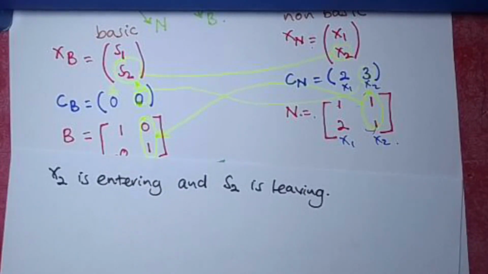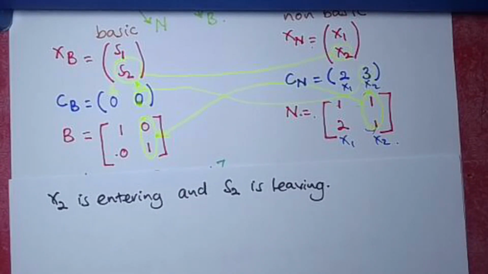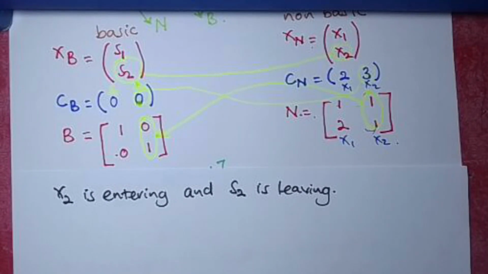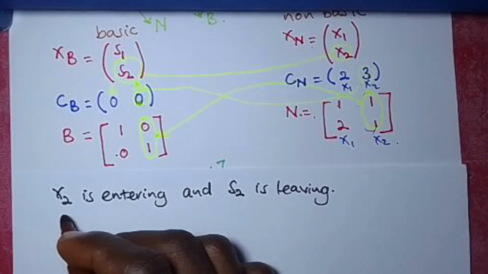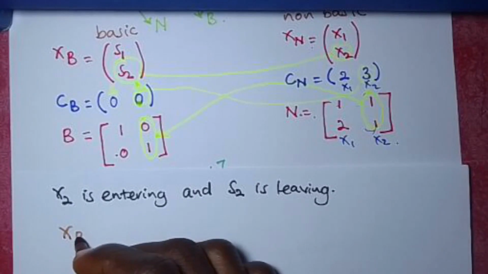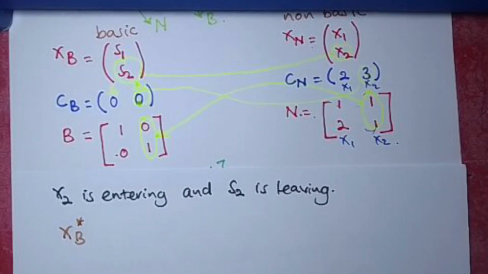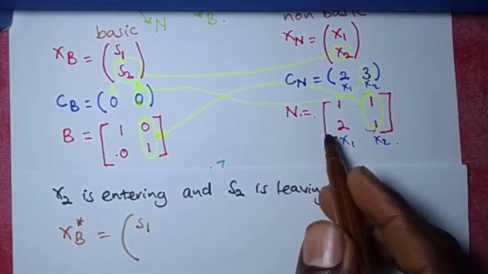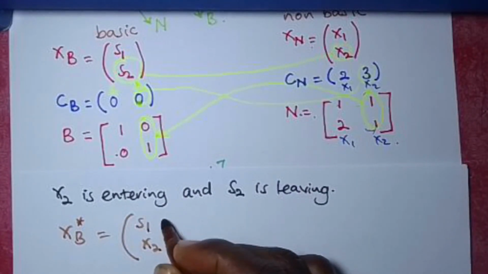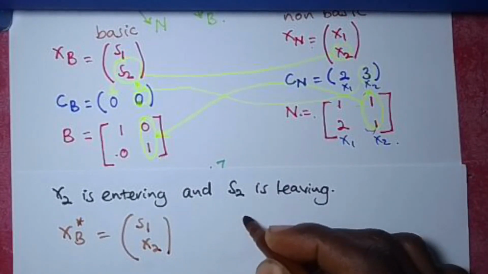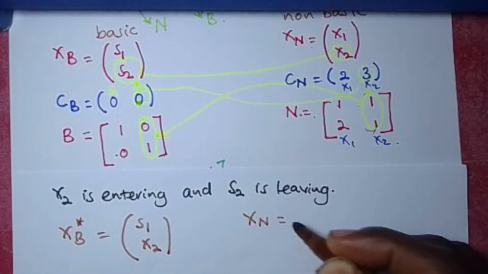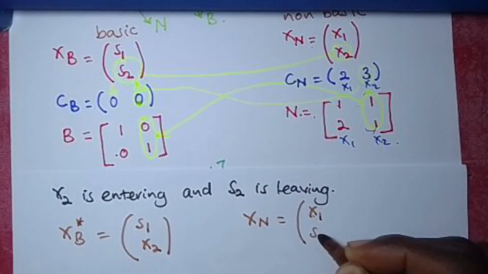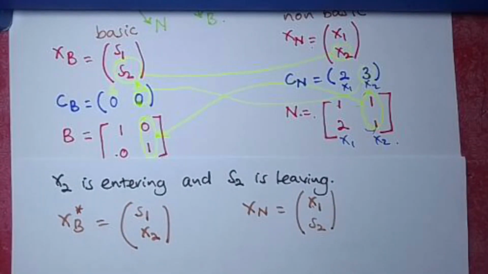So from that, we have said we have our basic and the non-basic side. So now our new basics, xb, is going to have the basic values s1 and x2 now, not so? Then our x non-basic is going to have values of x1 and s2, like that.